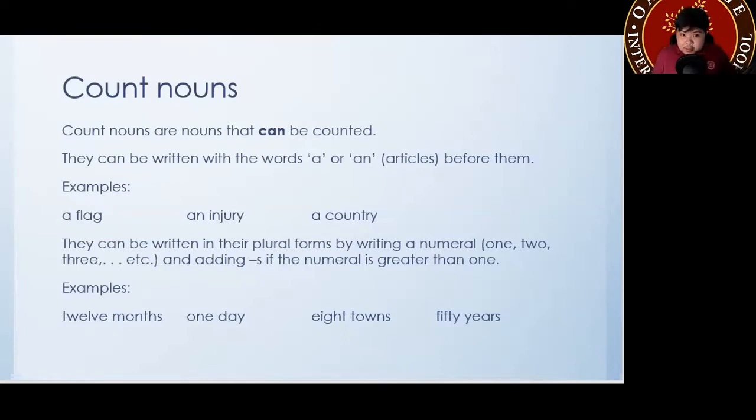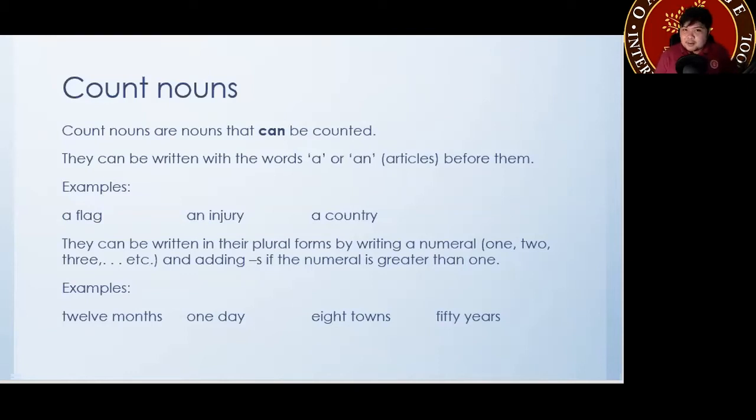Those are numerals, right? And then adding s or es if the number is greater than one. For example, 12 is more than one, right? So 12 months, 1 day, 8 towns, 50 years. These are all different ways of writing count nouns.